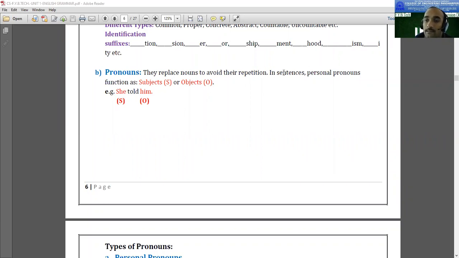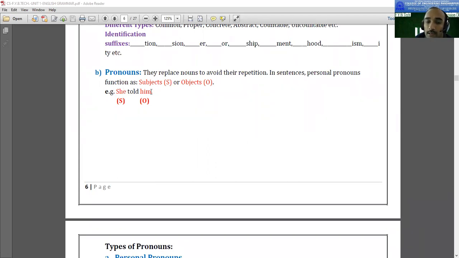In sentences, personal pronouns function as subjects or objects. Personal pronouns like I, we, you, he, she, it, they function as subjects or objects. Subject म्हणून काम function करतात किंवा object म्हणून. For example, she told him.